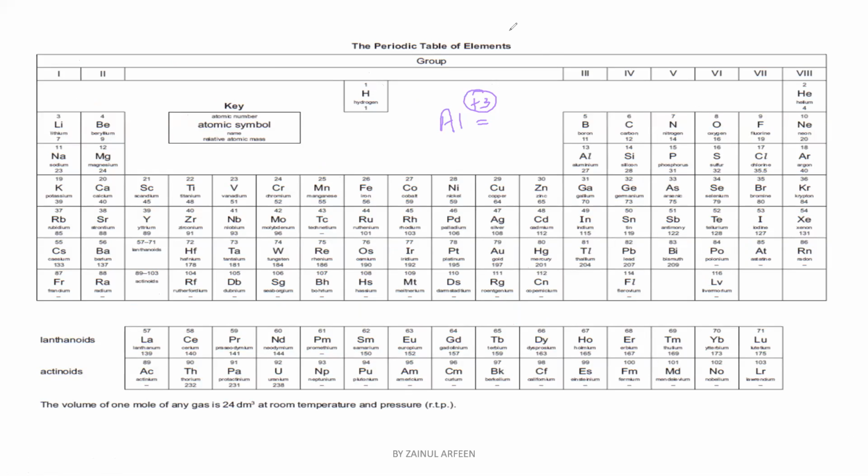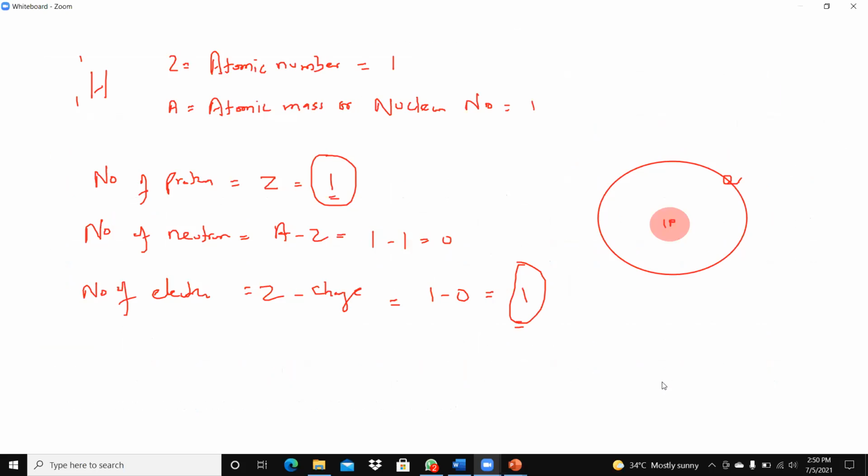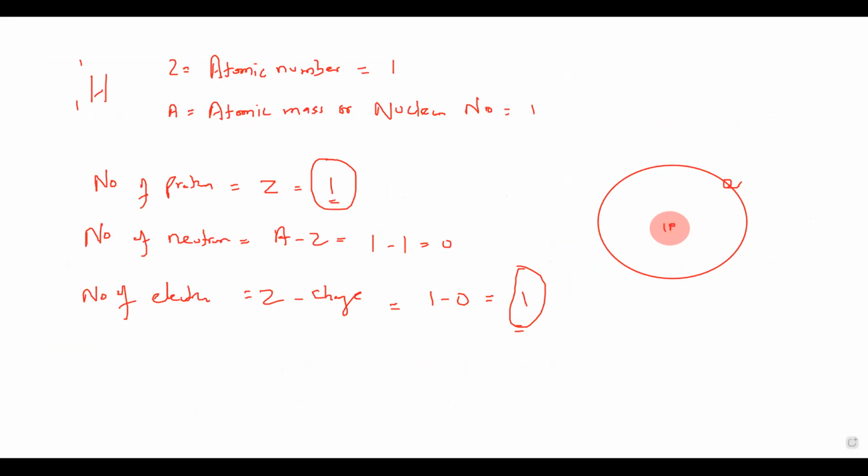So when we check the second element in the periodic table, which is helium, it is written 2 and 4. When we work out the structure of helium, helium is He, which is 2 and 4.